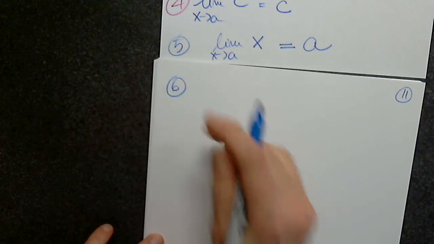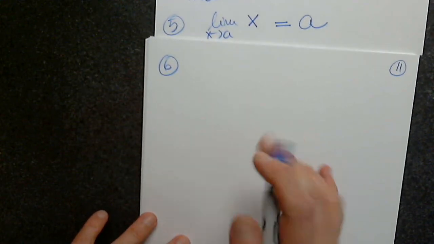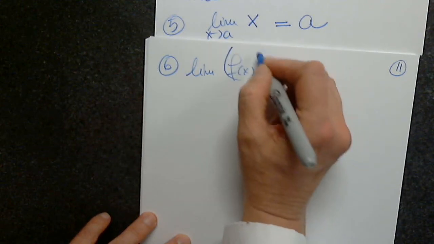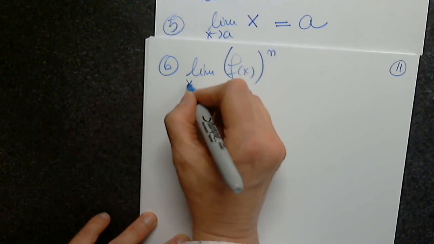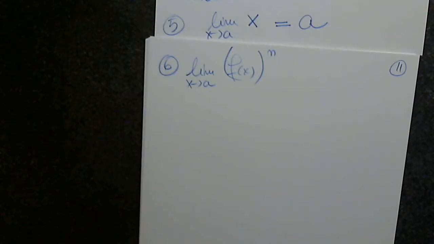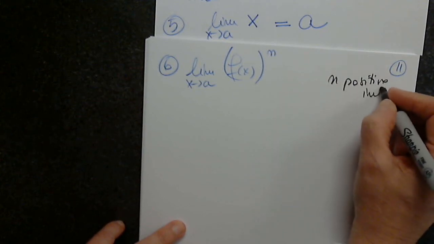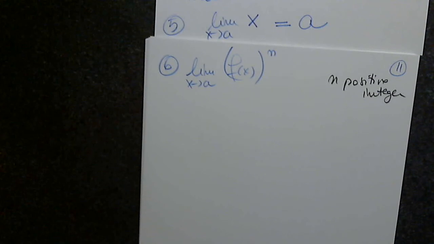Okay, 6. The limit of a function raised to the nth power as x approaches a, and n is a positive integer, because if it's negative, it's 1 over, and it's a different story.